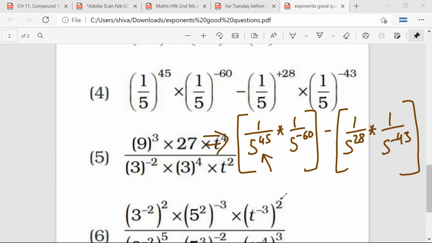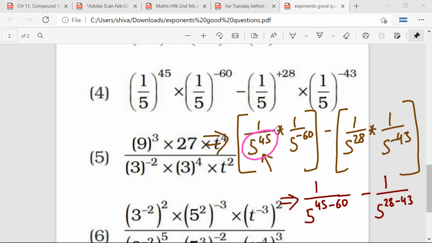Now what I'll do is I'll write this as 1 upon 5 raised to power 45 minus 60, minus 1 upon 5 raised to power 28 minus 43. So this is 5 raised to power 45 and this is 5 raised to power minus 60.